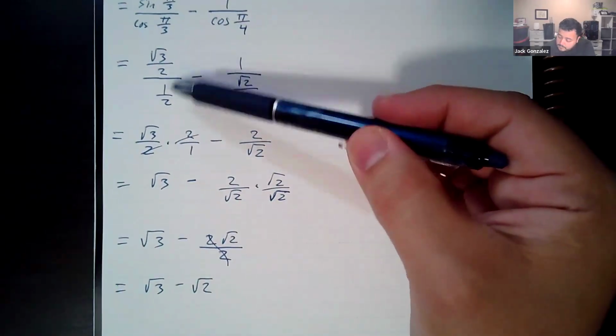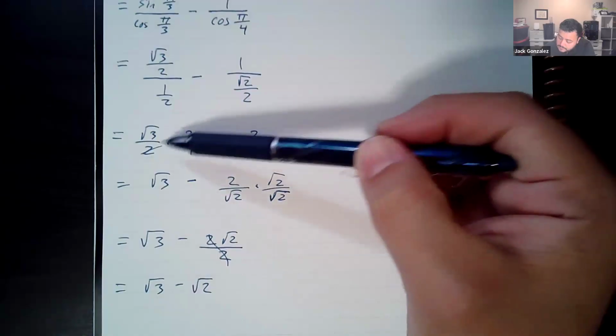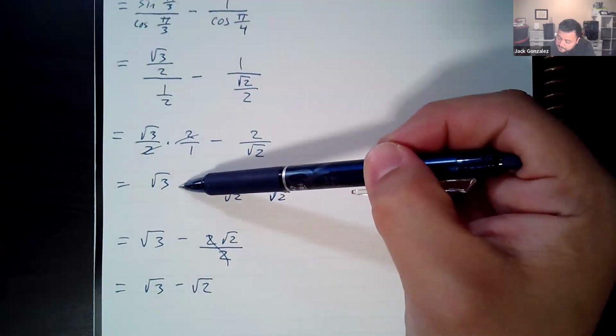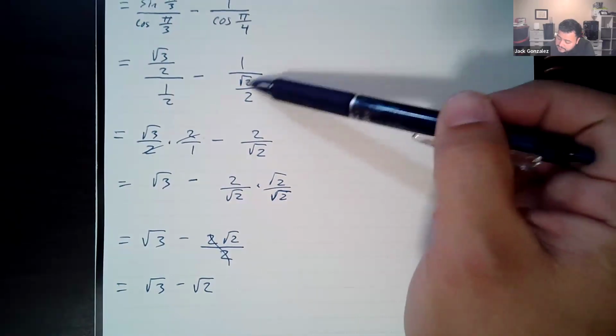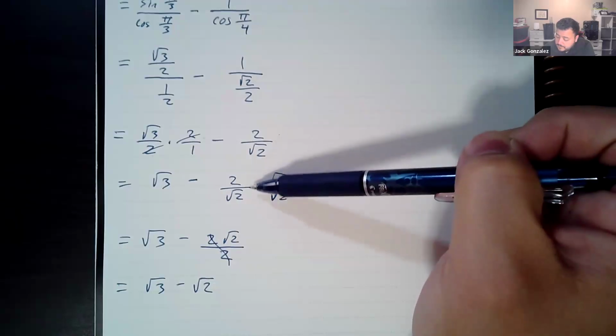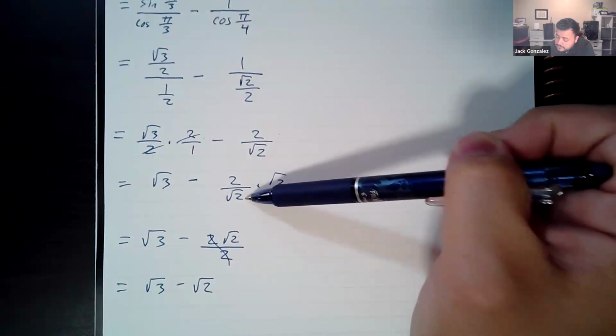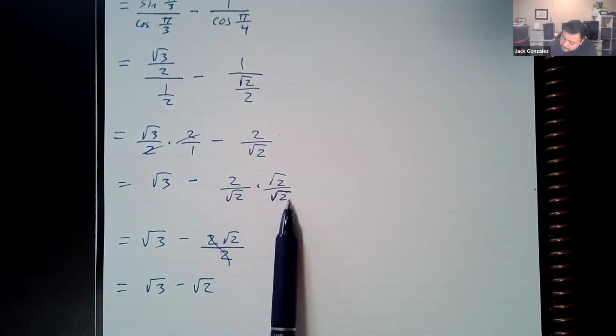So dividing fractions is the same as multiplying by the reciprocal. Those cancel, leaving me with this. 1 divided by this is the same as multiplying by the reciprocal, so it just flips over, right? Once it's flipped, we shouldn't have a square root at the bottom, so we're forcing a square at the bottom.